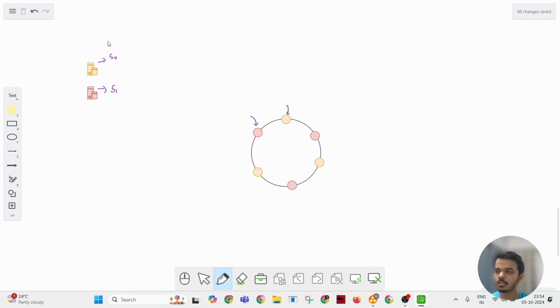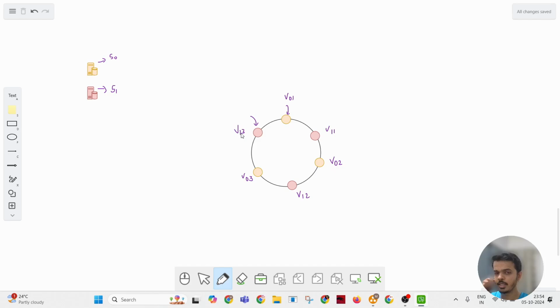Now what happens by this? Let's say this is virtual node 01, this is virtual node 02, this is virtual node 03, and for server 1 virtual node 11, virtual node 12, and we have virtual node 13.